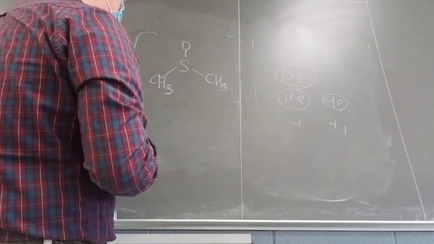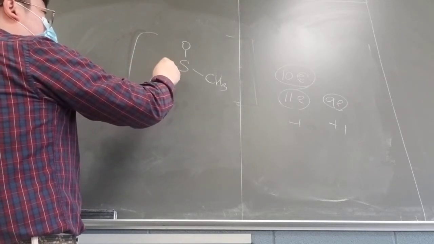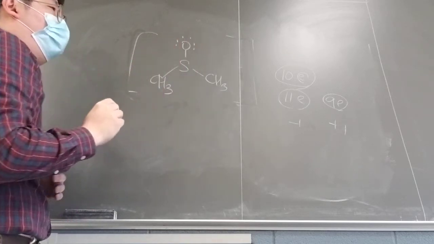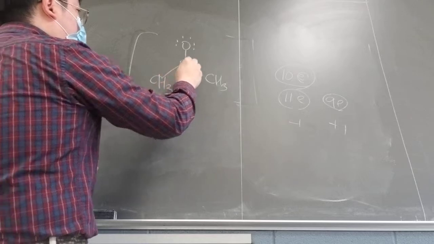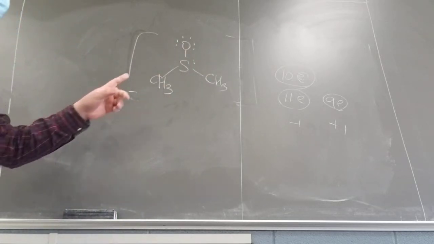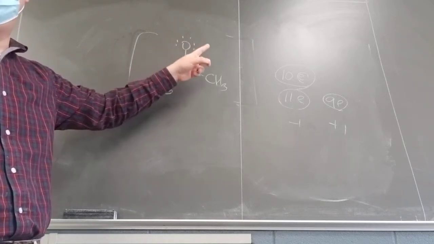But what you can sometimes do too is try to get the formal charge of each element. If you can do that, I'll point to one element in the compound and also show you the number of lone pairs.